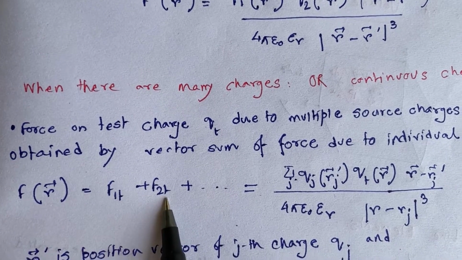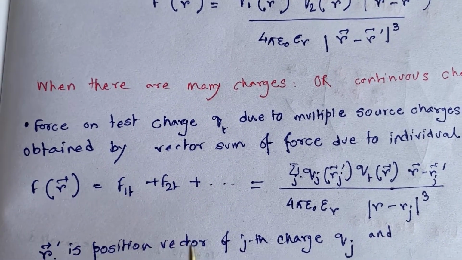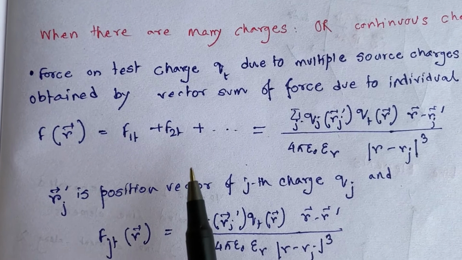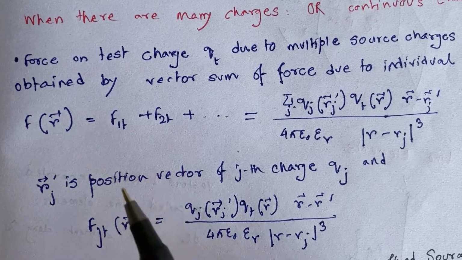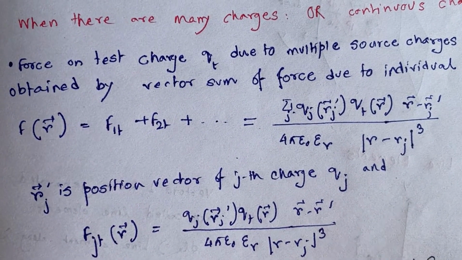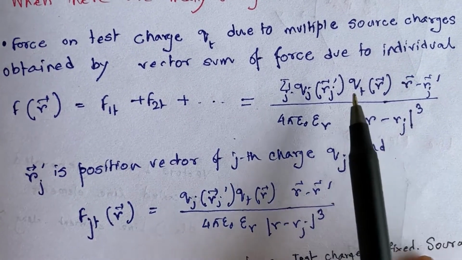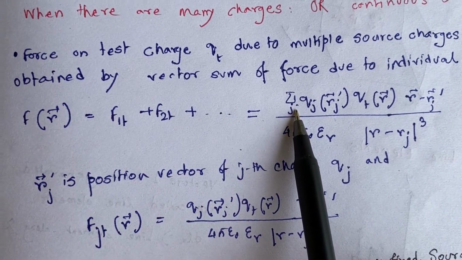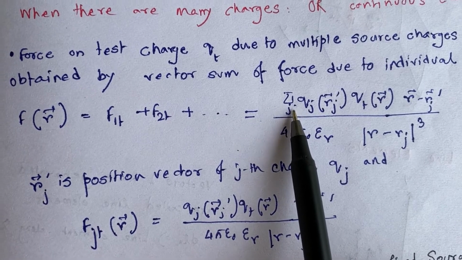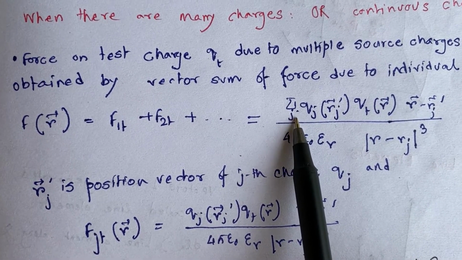This superposition of forces is actually the vector sum of all the Coulomb forces between any pair of charges. As we have a lot of source charges, this summation is done over j.